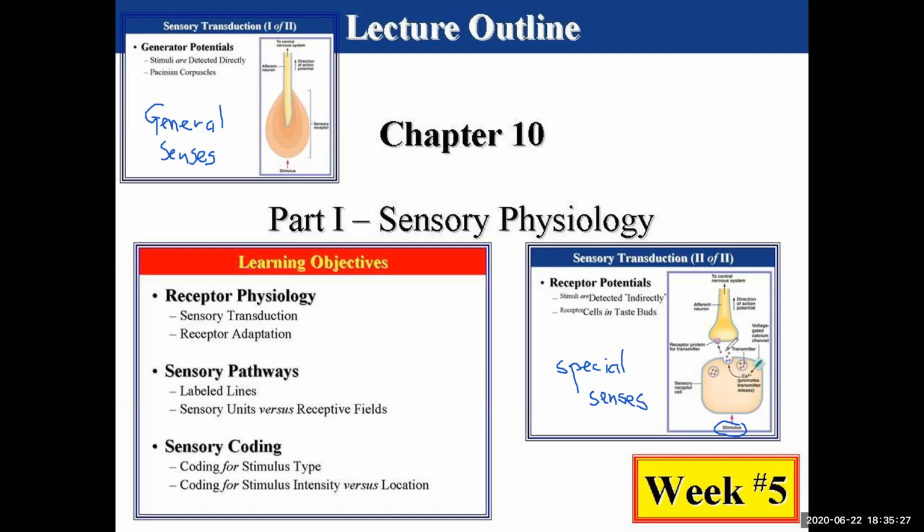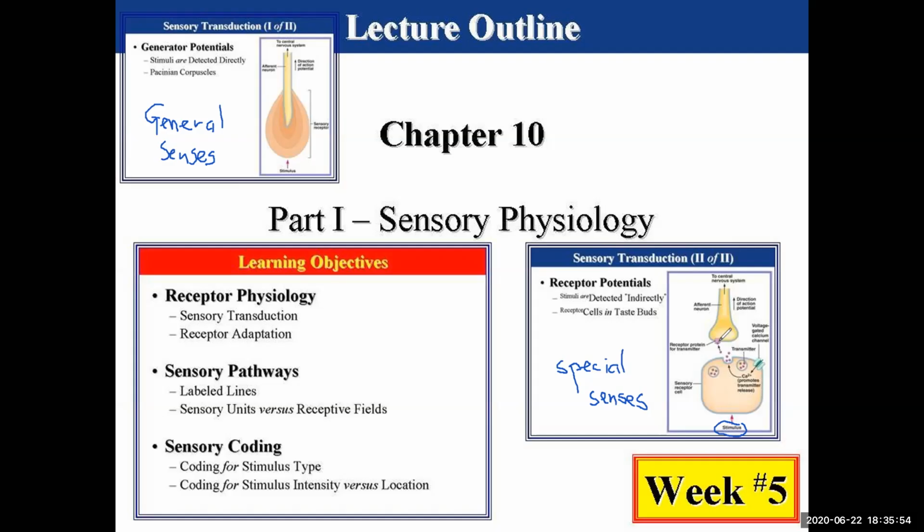The neurotransmitter diffuses across the space by simple diffusion, driven by concentration gradient, and binds to its receptor on the first order neuron, the sensory neuron. And this receptor is a ligand gated, a neurotransmitter gated ion channel.